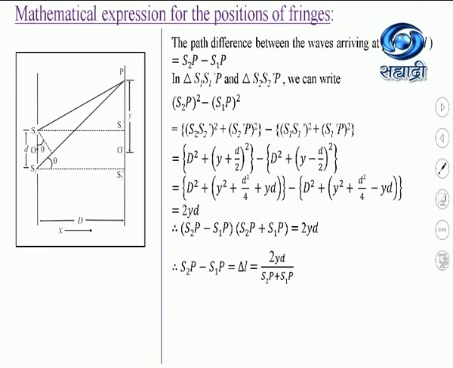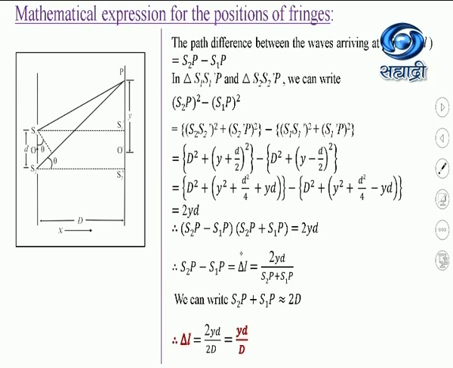Now, as I said, distance capital D is very large compared to the distance small d between the two slits. And as capital D is very large, this inclination theta of point P is very small, and therefore we can take S1P approximately equal to D and S2P also approximately equal to D, and therefore S2P plus S1P can be approximately written as 2D.